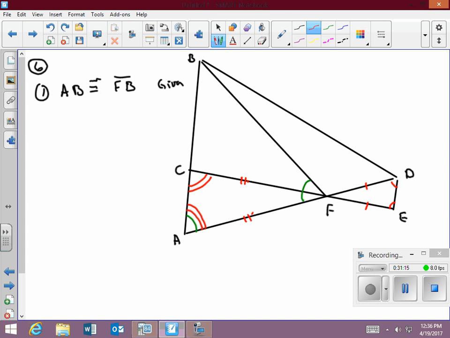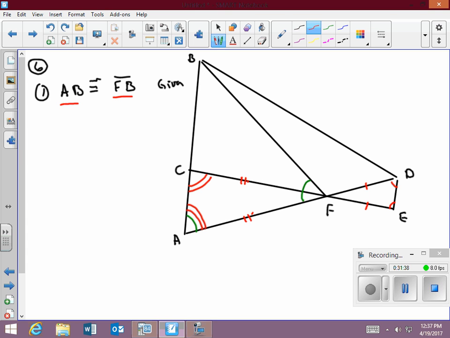Okay. Professor, how do you find the congruency on AFB? The angle AFB. Because AB side is congruent to FB side, that's given.